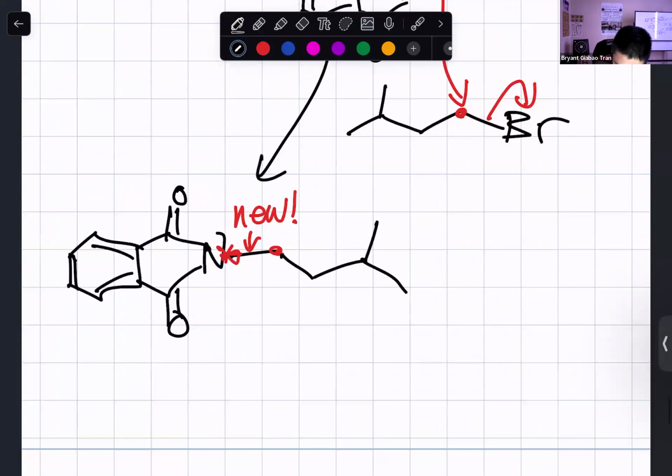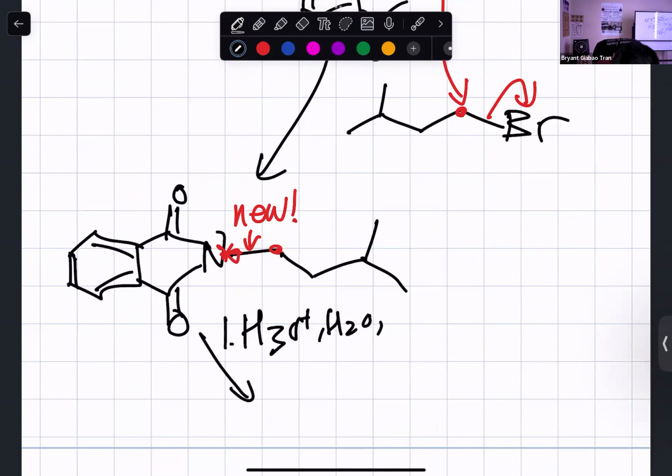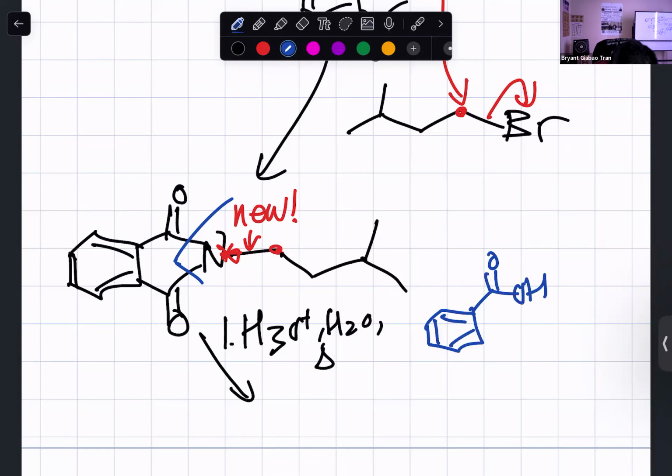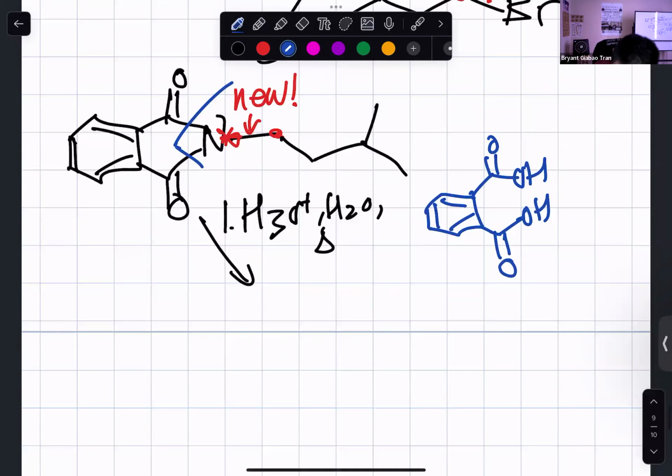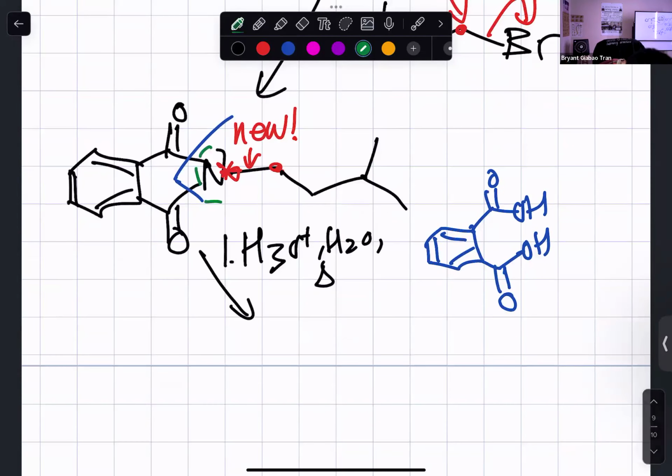Now, once I have this, I want to do hydrolysis, H3O plus, H2O, heat, which is going to cut these bonds, make a carboxylic acid again, the dioic acid, and this part of the molecule here, think of it as the leaving group, is going to be my amine, right? So I've seen this on your Achieve homework.